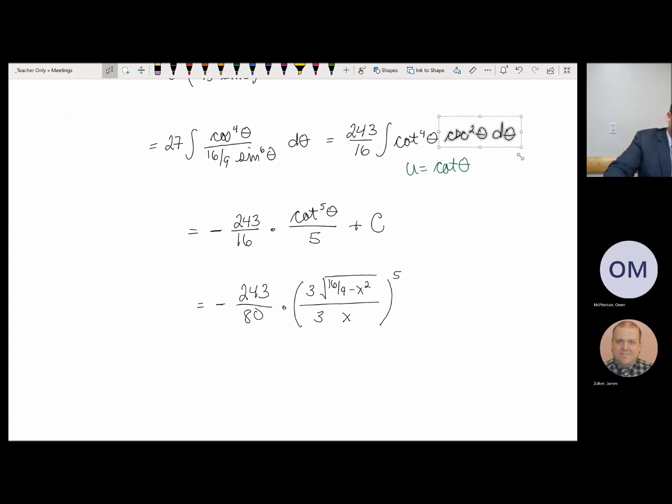Right, so that's du. This is u. And I have to multiply by a negative, right, because the derivative was negative. What's the antiderivative of u to the fourth? That's all it was. And don't forget our plus c.